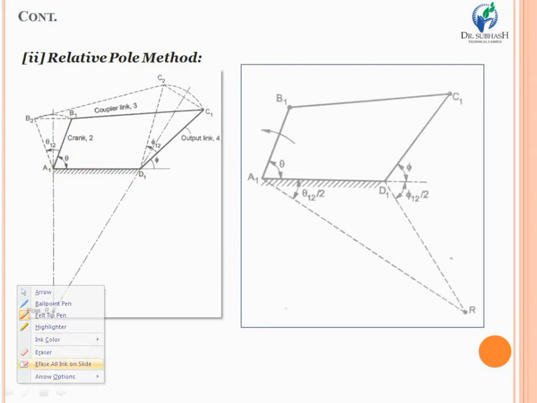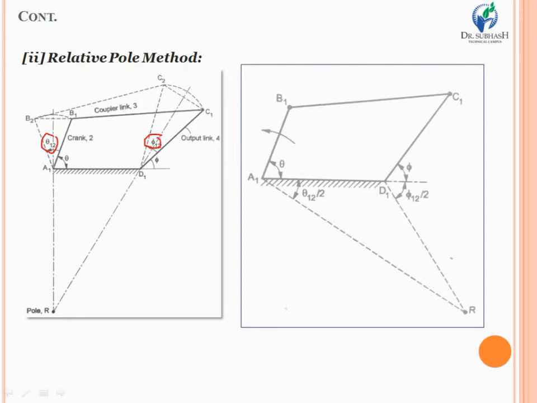Now if the crank A1 B1 is rotated by angle theta suffix 1 2 in the anti-clockwise direction to find the new position, that is A1 B2, then the output link C1 D1 rotates by angle phi 1 2.